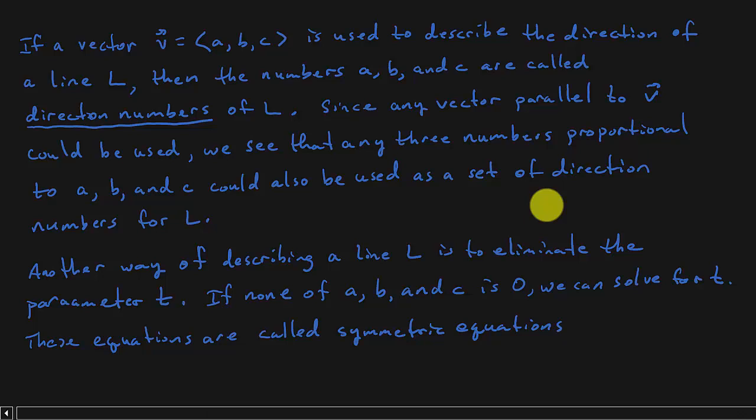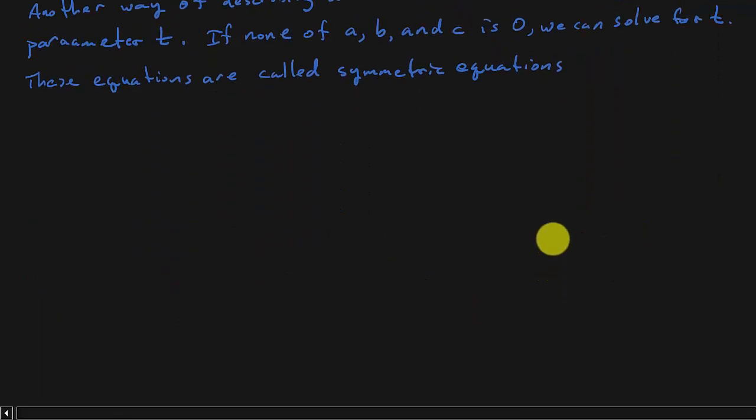If neither a, b, nor c is 0, we can solve for t. And these equations are called symmetric equations.